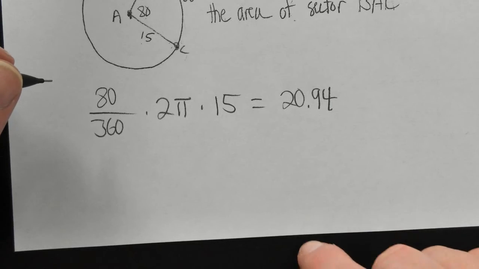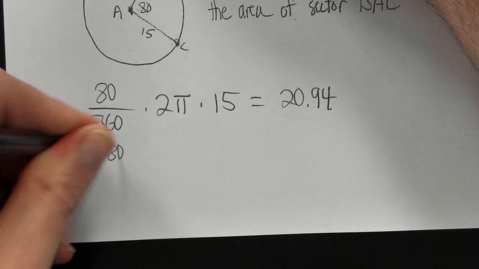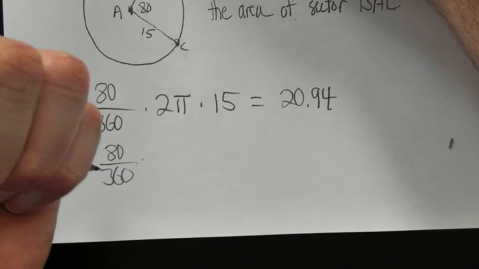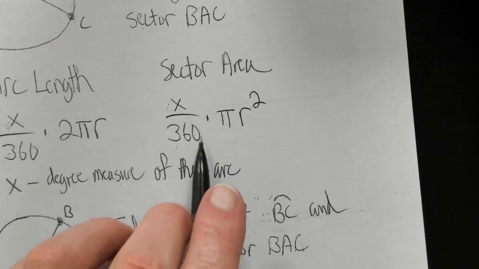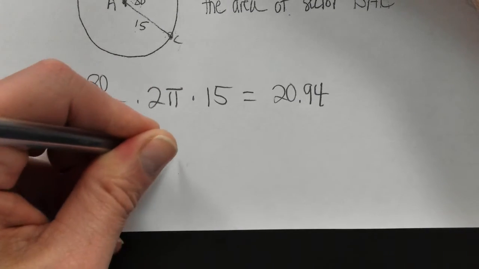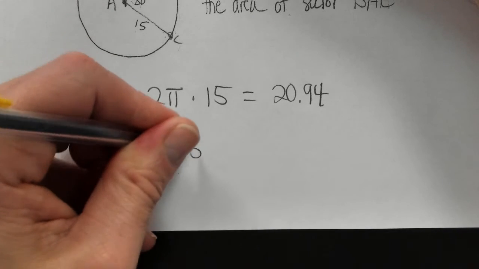Okay, what about the area of the sector BAC? What's the area formula? X over 360. The x is still 80 degrees, so that's 80 over 360 times the rest of the formula, which is pi r squared. So that would be pi times the radius, 15 squared.